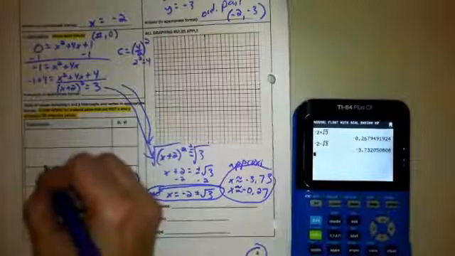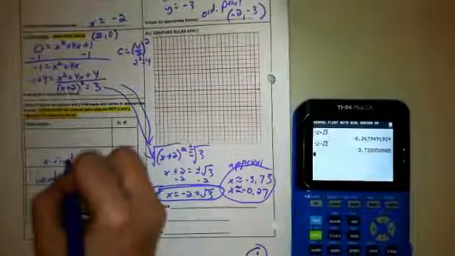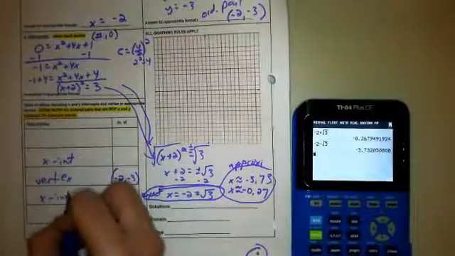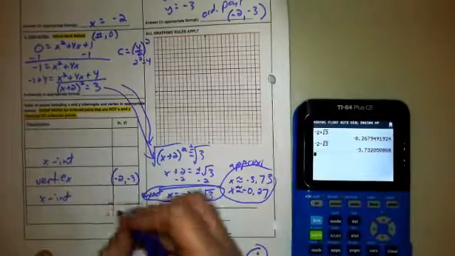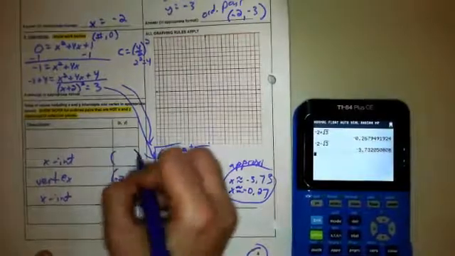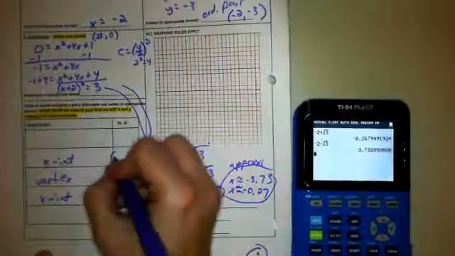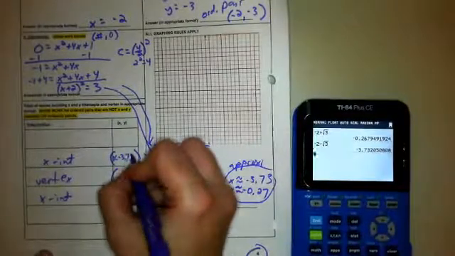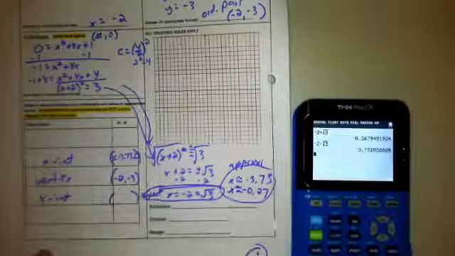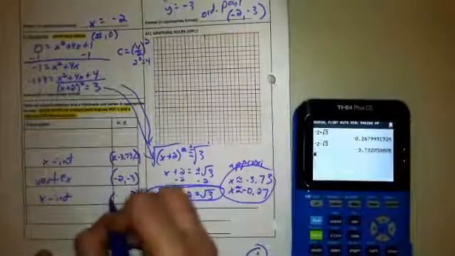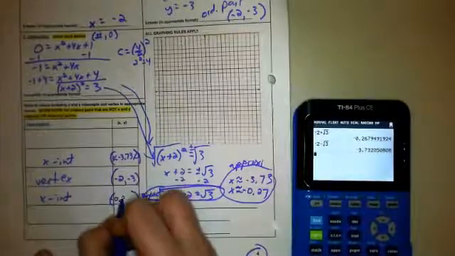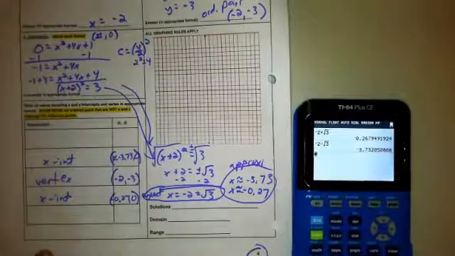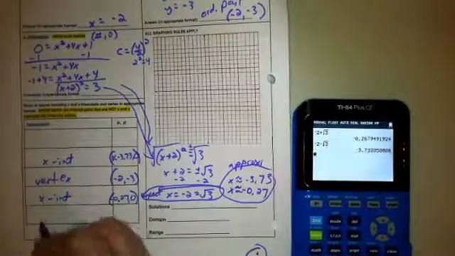I'm going to put in my x-intercepts. We had an approximate (-3.73, 0), and we had (-0.27, 0).